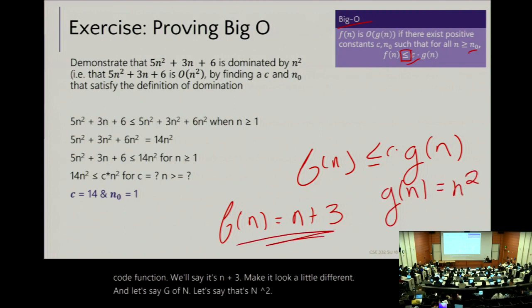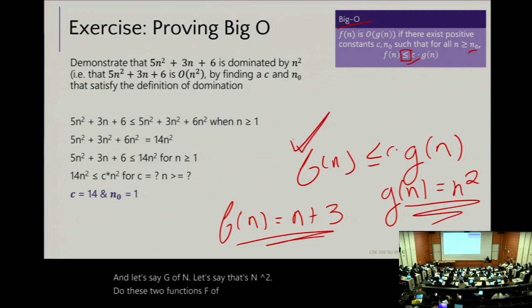Do these two functions satisfy this rule? Is n plus 3 always going to be less than or equal to n squared, given some n naught and some coefficients? Yeah, I see nodding. Great, I agree.